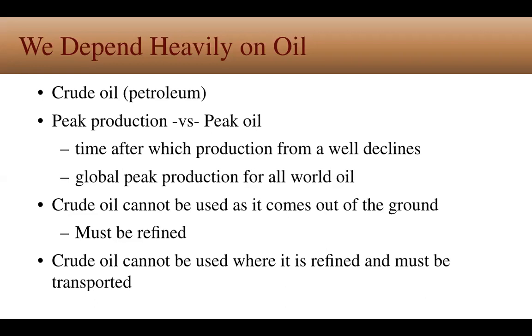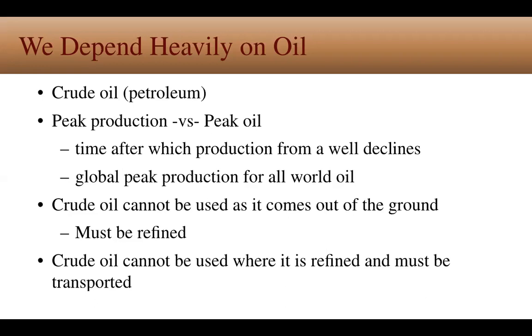But just understand that when we talk about refining oil, we're talking about separating the oil into those hydrocarbon chains that we've discussed. For example, asphalt, what we use to pave our roads, comes from oil.